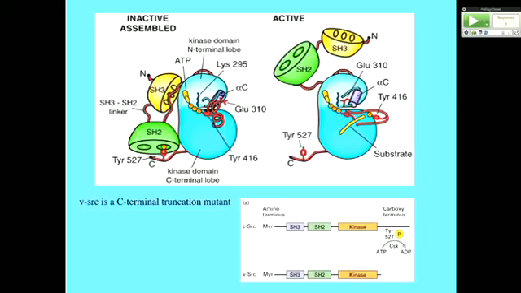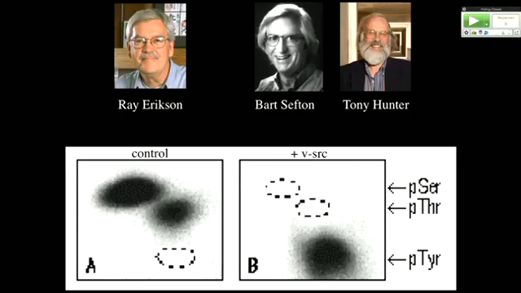So I should mention that if you repeat this experiment, introducing the cellular Src gene, essentially overexpressing more of the cellular Src gene in cells, cells normally have cellular Src. If you put more of it in, you don't see any significant change in the phosphoamino acids that are produced.